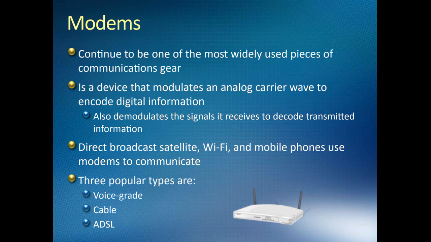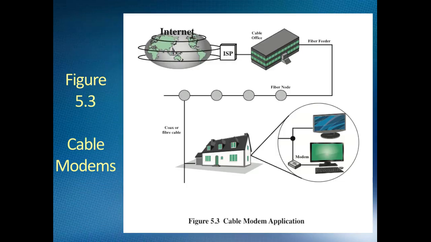It's the one used for the house internet. This is a cable modem. You have the fiber optic cable coming from the ISP or internet service provider. Once it arrives to the home, you have your cable modem to be connected to the data. This is a cable modem application.